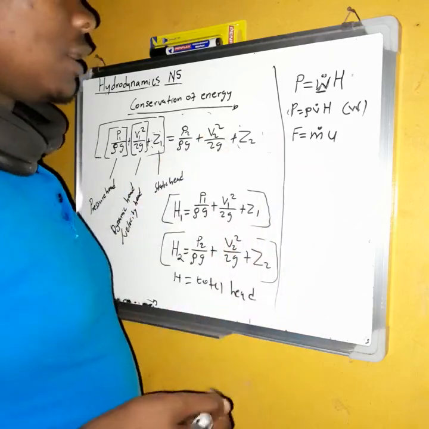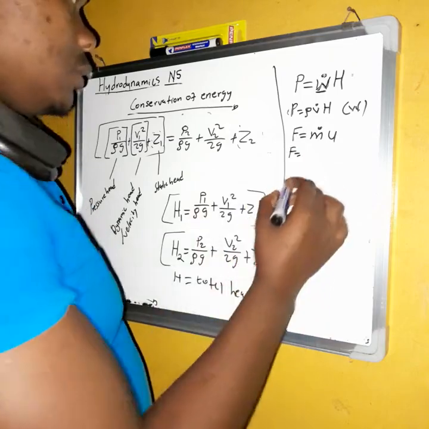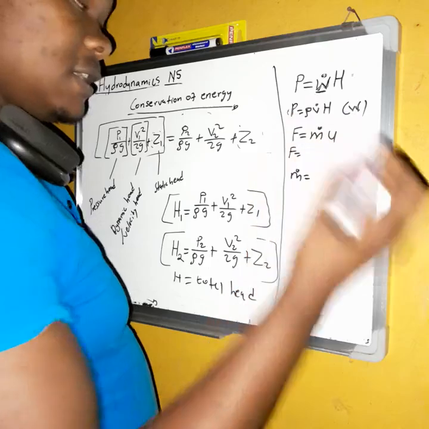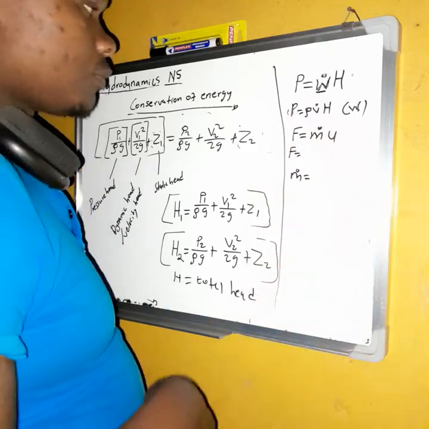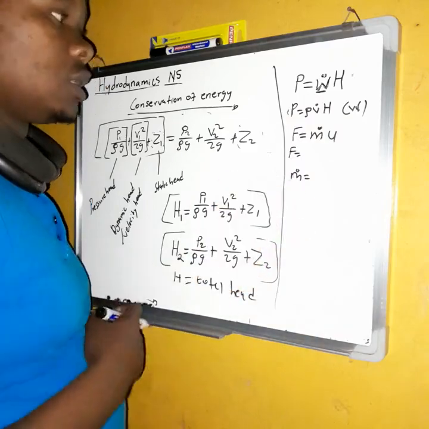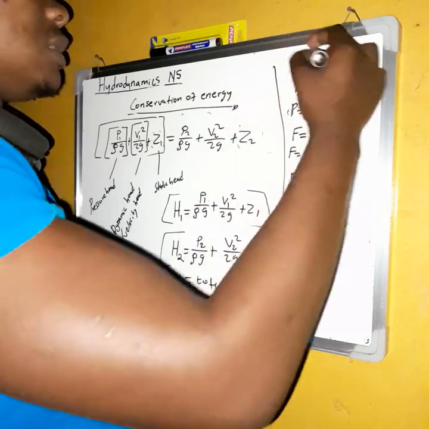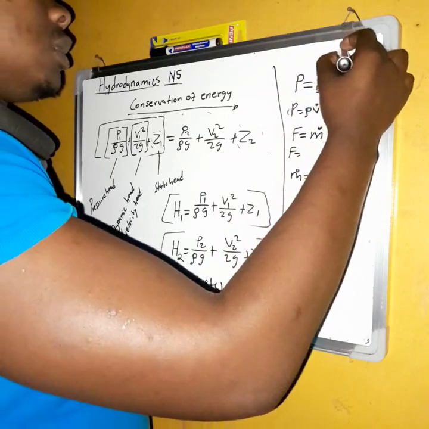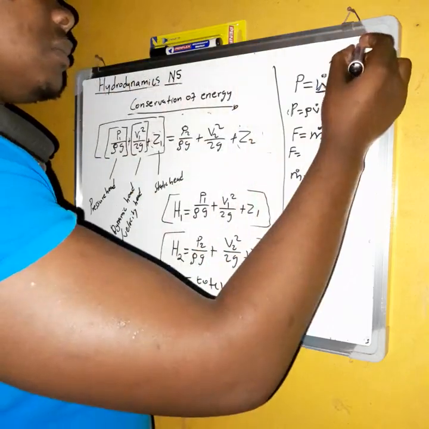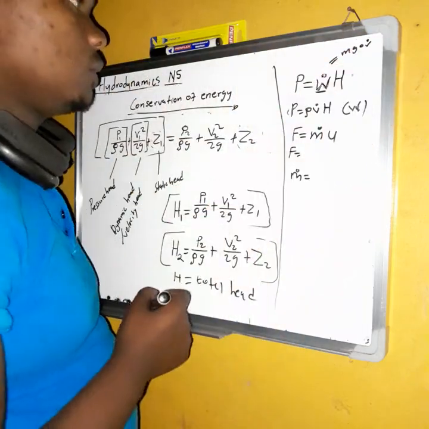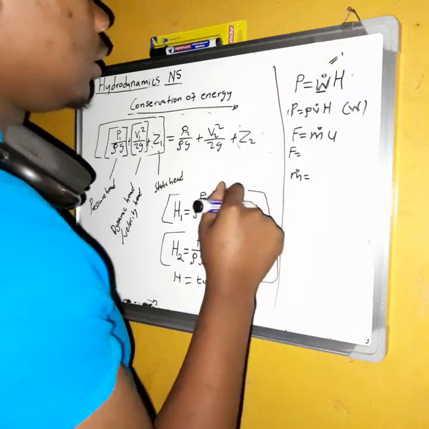We said this is the same as mg multiplied by v.